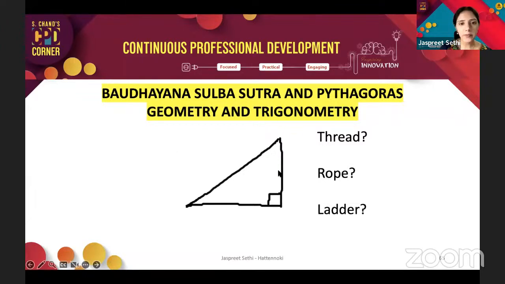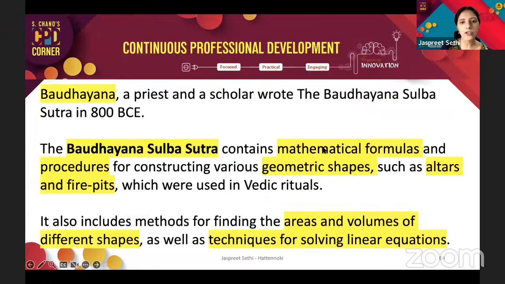Well, of course, everybody is familiar with the right triangle. And if I go back to history, where was this right triangle really in everyday life? The Bodhyan Shulba Sutra is a text that gives a lot of mathematical formulas for altars and fire pits in Vedic rituals.